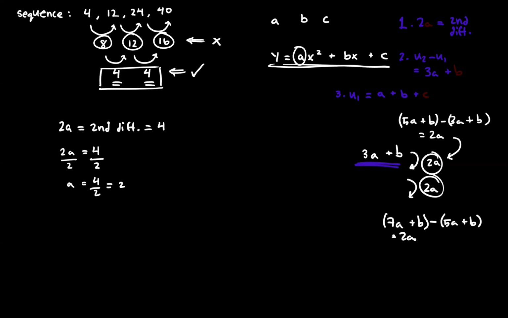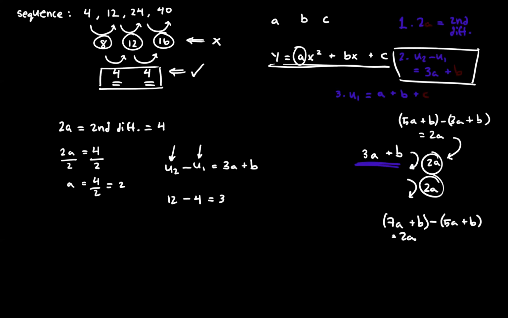So now that we have a, we can use equation 2, since we only have one unknown in this equation. So using equation 2, we can say that u2, the second term, minus u1, the first term, equals 3a plus b. And we know that a equals 2, and we know the value of the first and second terms of the sequence. So here we get that 12, the second term, minus 4, the first term, equals 3 times 2, our calculated value of a from over here, plus b.